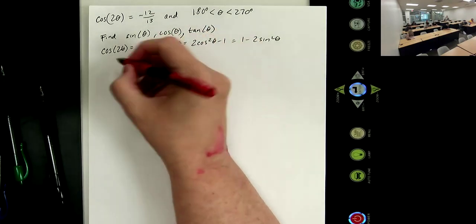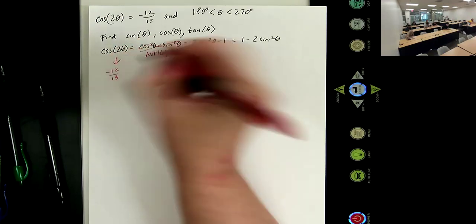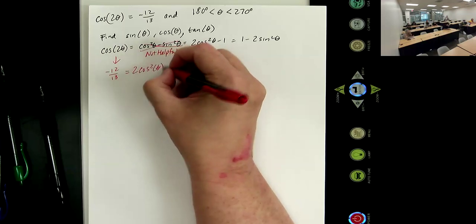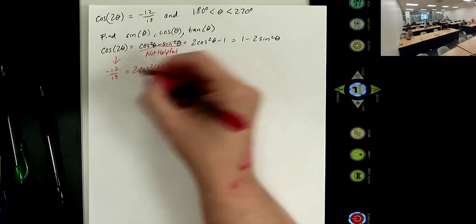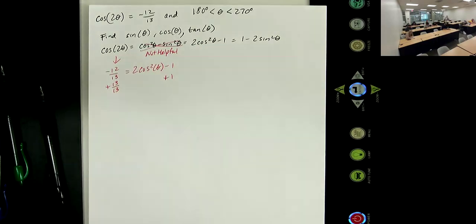So cosine of two theta, which we know is -12/13, equals two cosine squared theta minus one. If I add one to both sides, I'm gonna write this as 13/13 over here, that's one.